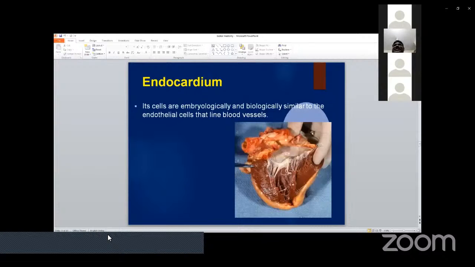Endocardium is the third layer of our heart. You can see the real picture of the heart, and they are showing the location of endocardium in our heart.